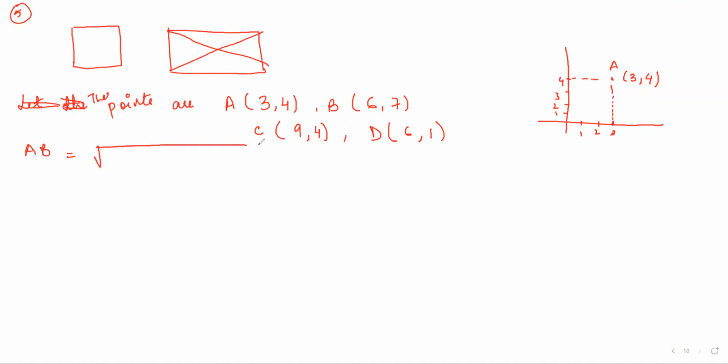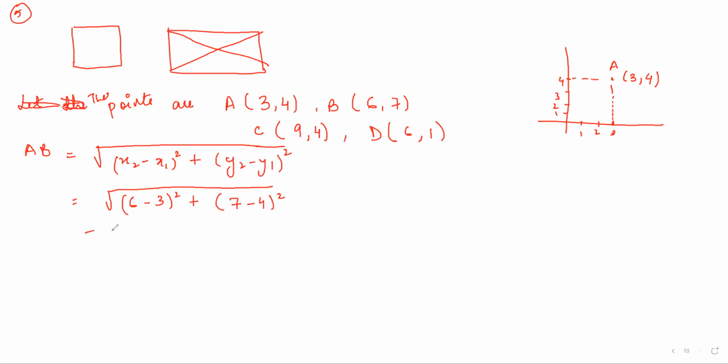So this is under root. First mention the formula: x2 minus x1 whole square plus y2 minus y1 whole square. Yes. Okay. Maria, what is x2 here? X2 is 6. Okay. And x1? X1 is 3. Very good. And plus y2 is how much? 7. Okay. And y1? 4. Very good.